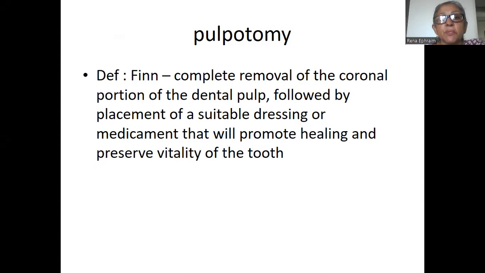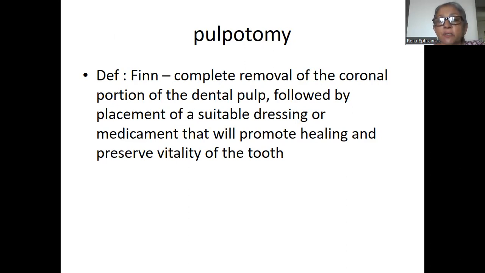Today's topic is pulpotomy. It is a procedure, according to PHRAIM, a complete removal of the coronal portion of the dental pulp, followed by placement of a suitable dressing or medicament that will promote healing and preserve the vitality of the tooth.